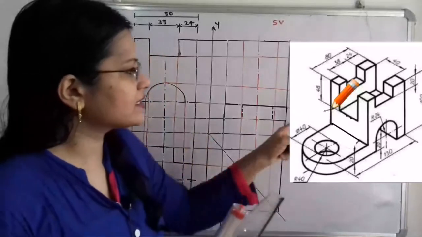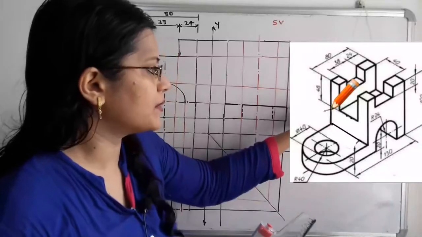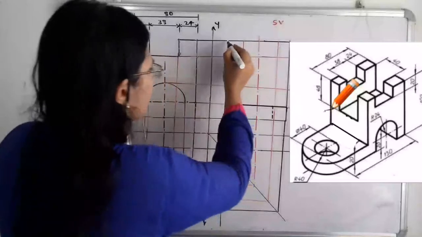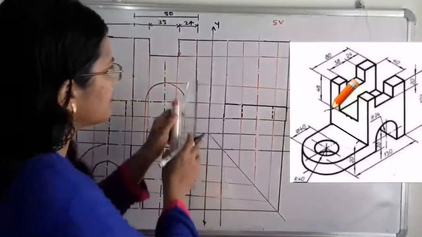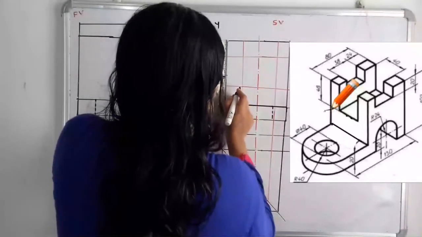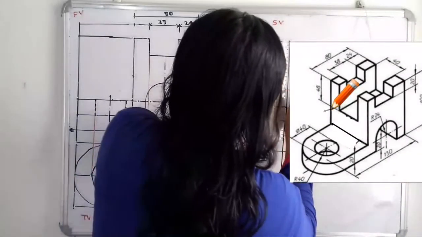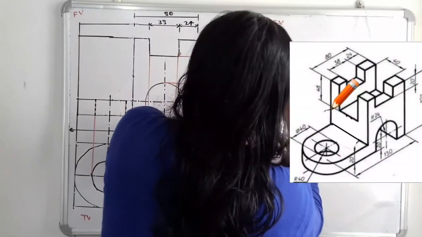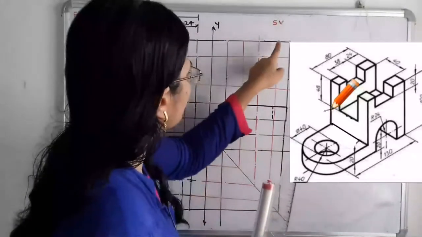Then next is the construction. This construction has a height of 48 millimeter. For that height of 48 millimeter, we have to select the height from the top, because in the given dimensions the height 48 millimeter is given from the top. So we have to select here 2 points having height 48 millimeter. Up to this height there is the construction of the block.